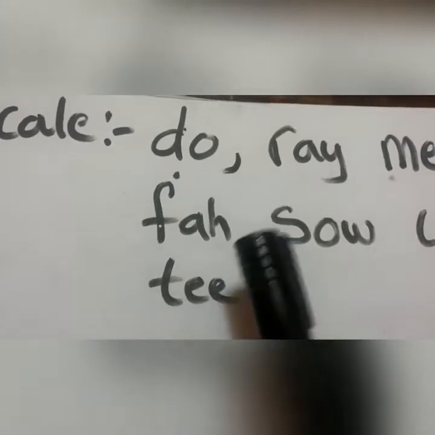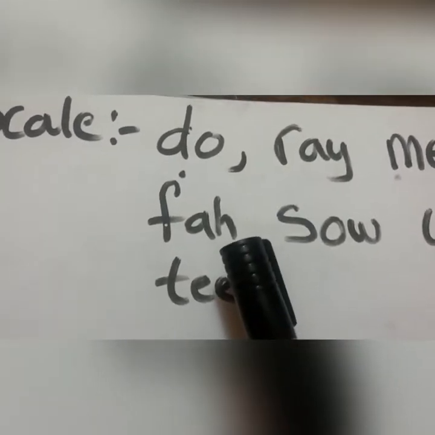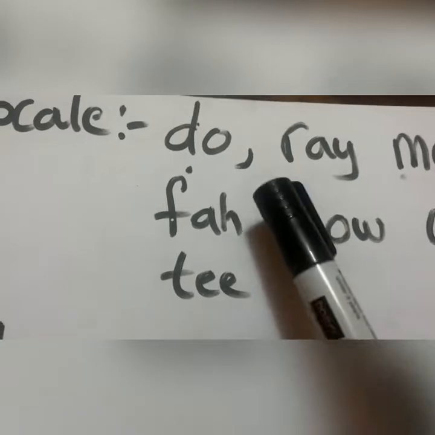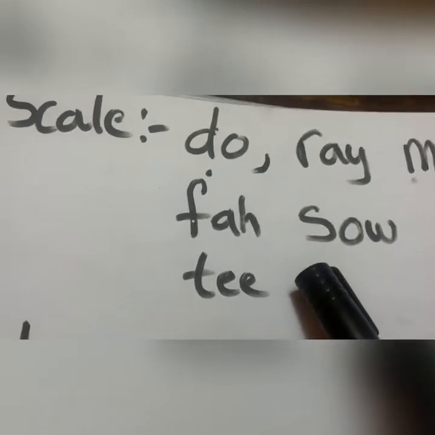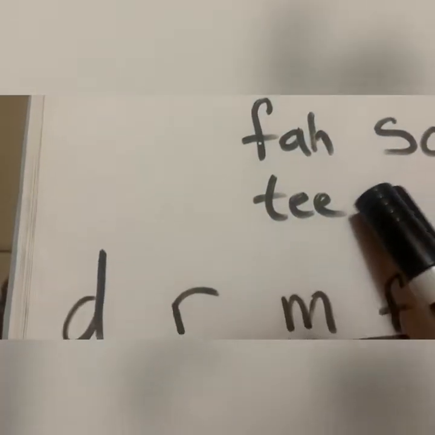So that's our scale. We have just seven musical notes, but when we add the do, it makes an octave. It is easily written this way as D R M F S L T, and this other D with a mark up there showing that it's high. So this is our scale.